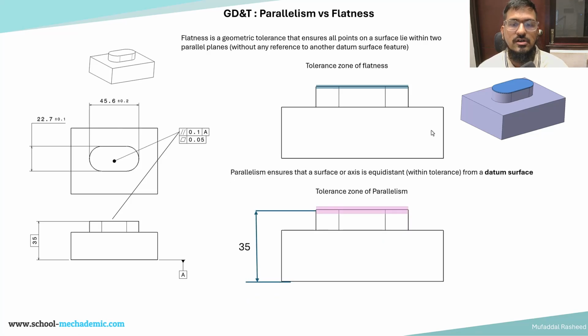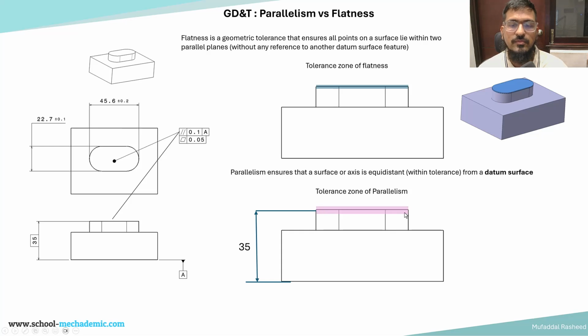Parallelism ensures that a surface or axis is equidistant, that is, it has equal distance across its surface or across the axis, with respect to a datum surface feature. So for the tolerance zone for parallelism, you can see the shape is the same as compared to flatness, but this tolerance zone is located from datum feature A at a basic dimension of 35.